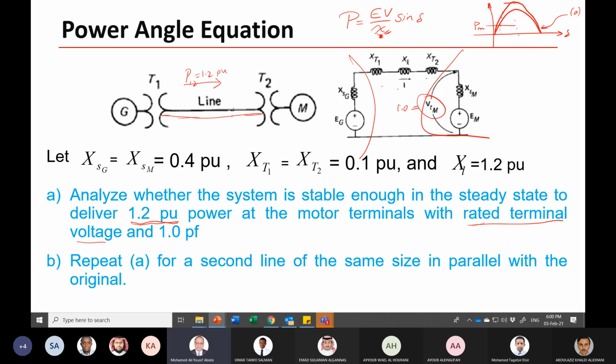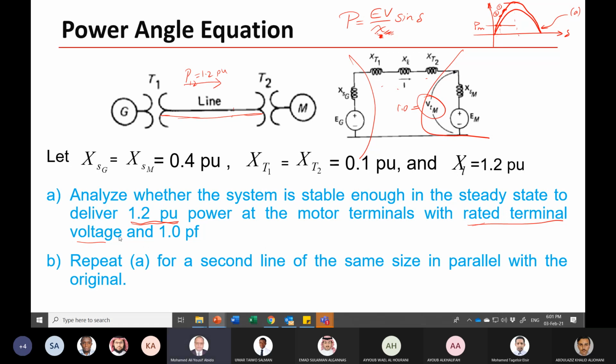If we have point 1 and point 2, in terms of stability, point 2 is better than point 1, since you still have a large margin to the stability limit. So if you add one line and reduce the reactance, the angle will be reduced, and you have a better stability condition.